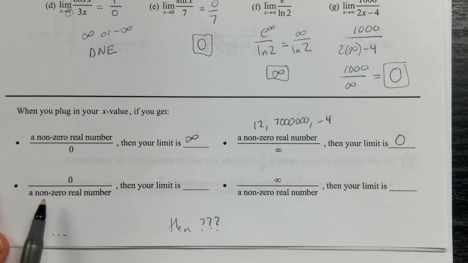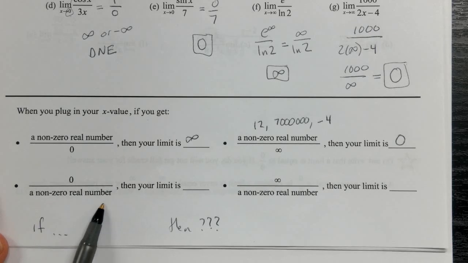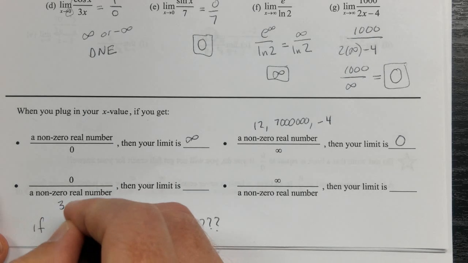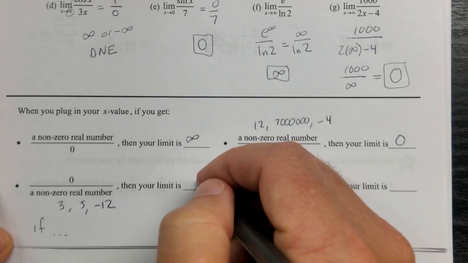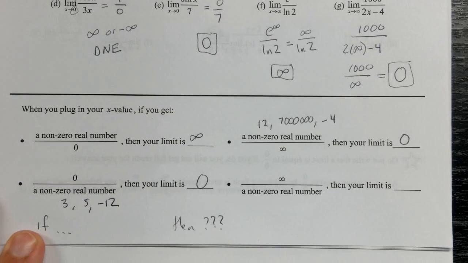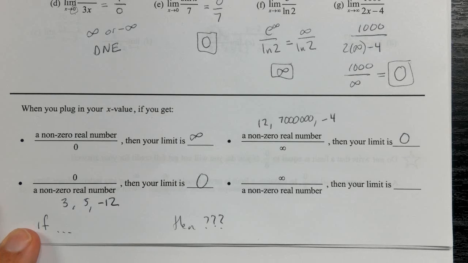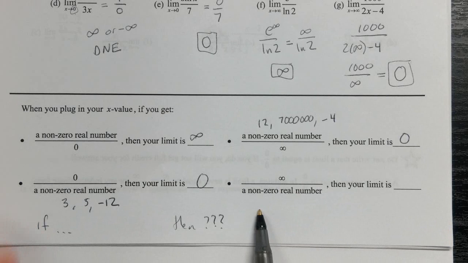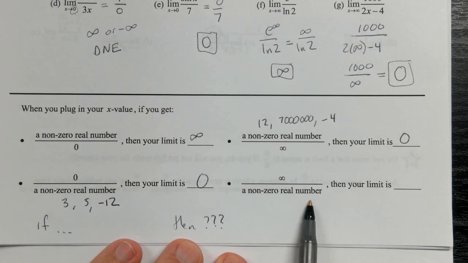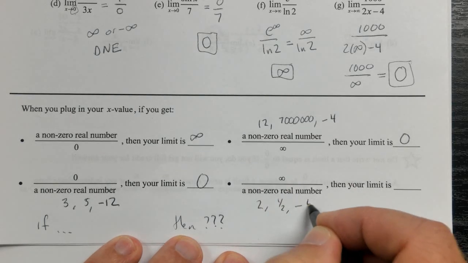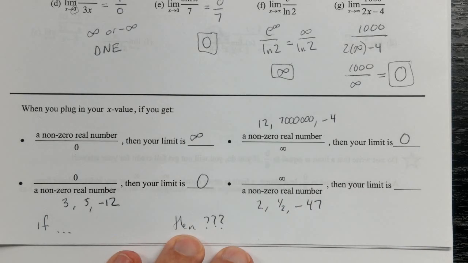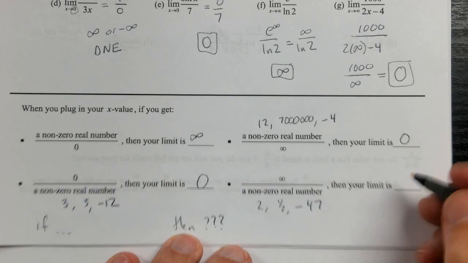Zero over a non-zero real number, so 3 or 5 or -12, that's 0. Properties of 0 and infinity here. Infinity divided by a non-zero real number, like 2 or 1/2 or -47, that's still infinity.